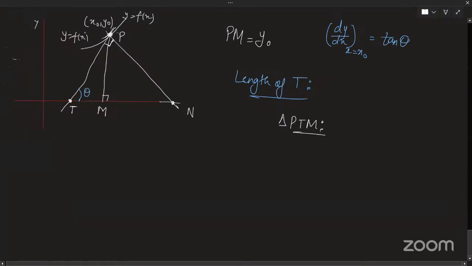Look at the triangle PTM. PM is given to you as y naught. What will be the value of PM by PT? PM by PT is sine theta, so PT is equal to PM by sine theta, or PM cosec theta.